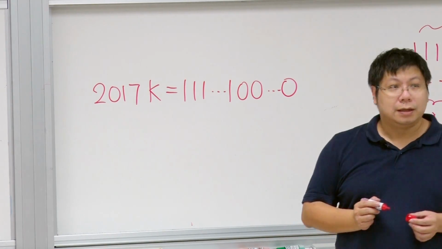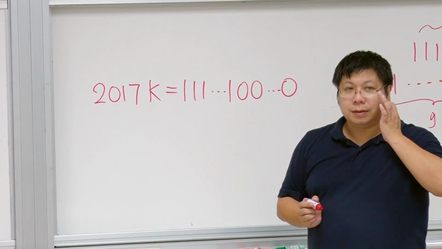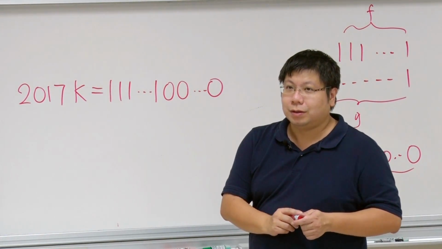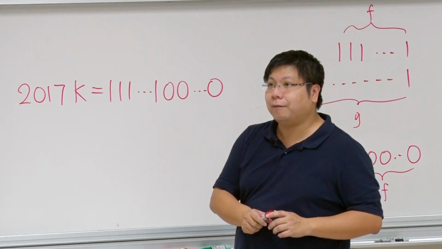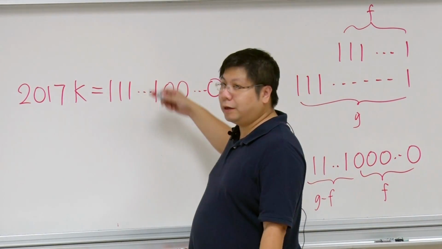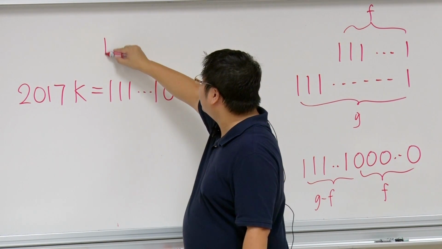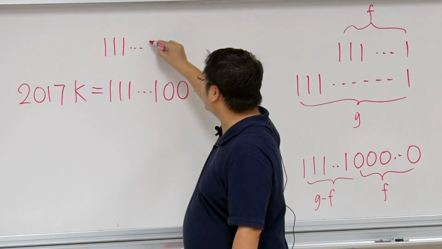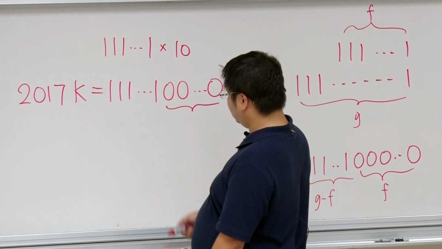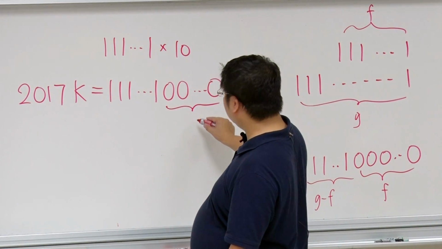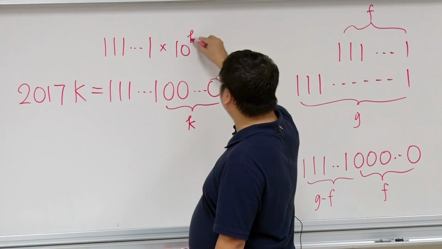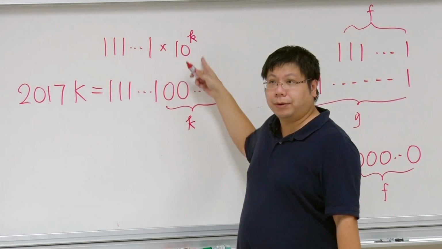Now, we need some theorem we will show later, but you know, every number has a unique prime factorization. So this number, you can write it down as the number of ones part, which is some big K, times 10 to the power k, where k is the number of zeros. So this number looks like this form. Am I correct?